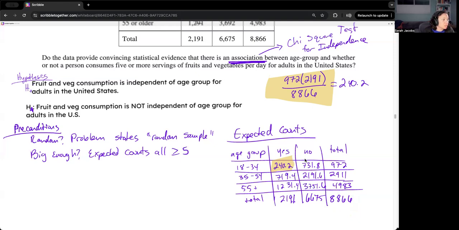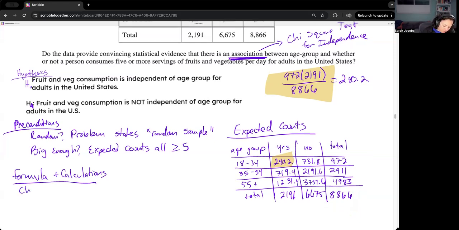After preconditions, formula, and calculations. So we've got, this is a chi-square test for independence. So we have our name.